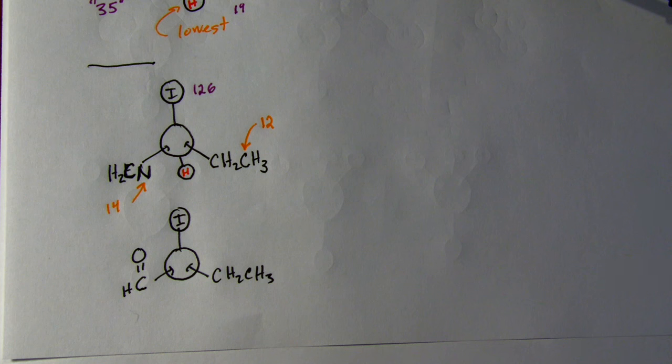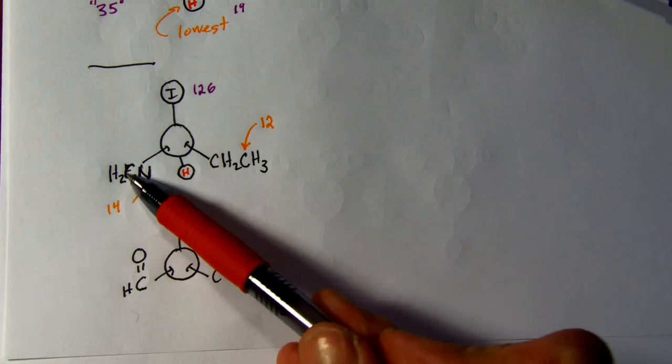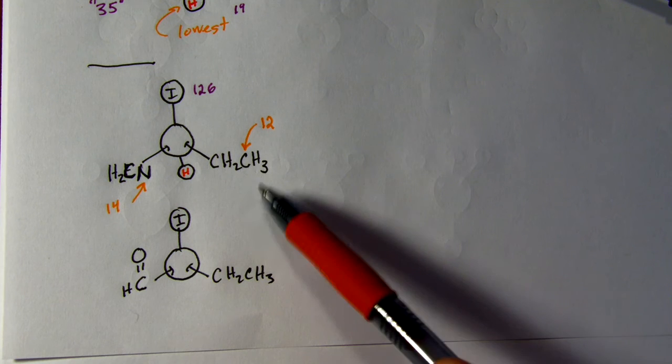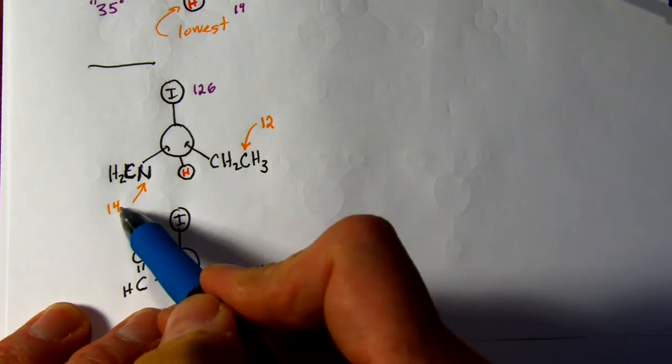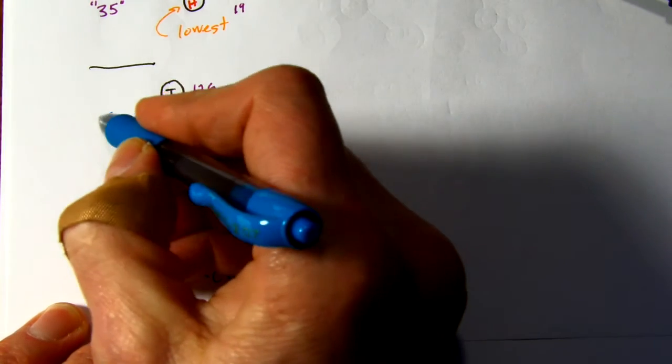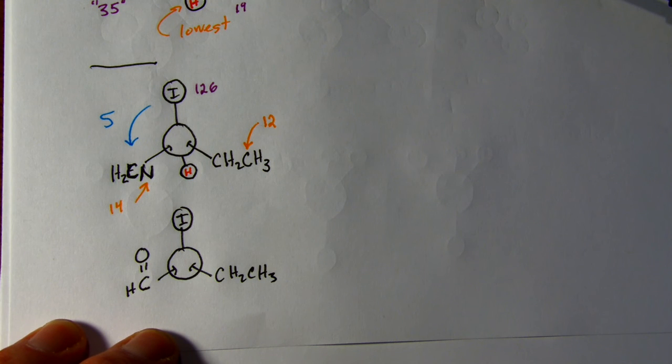So now we can look at that, and now that's how we make our designations. Even though we have a carbon attached to both situations, we go down the line and basically we find where we get a separation. In college it's going to be a little more complex, but this is basically what we do. So now what do we have? We have 126, 14, and 12, and because of that, this is an S orientation, S designation.